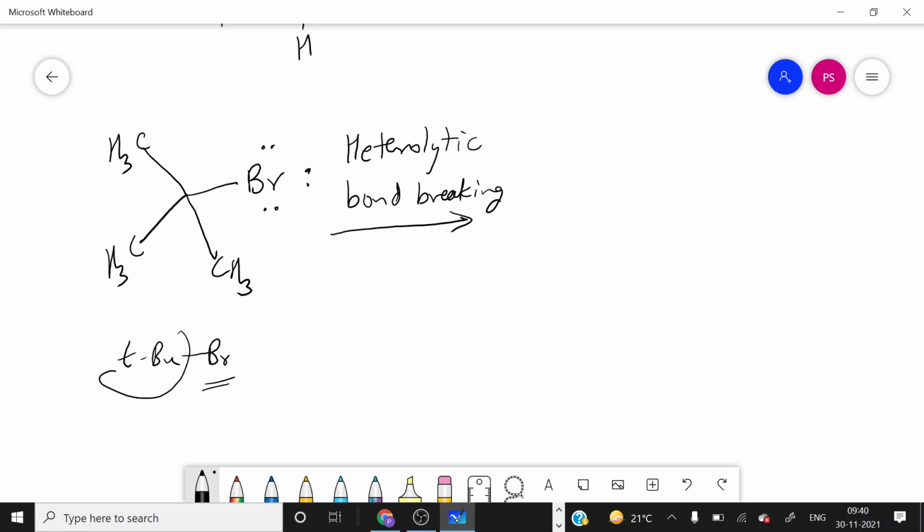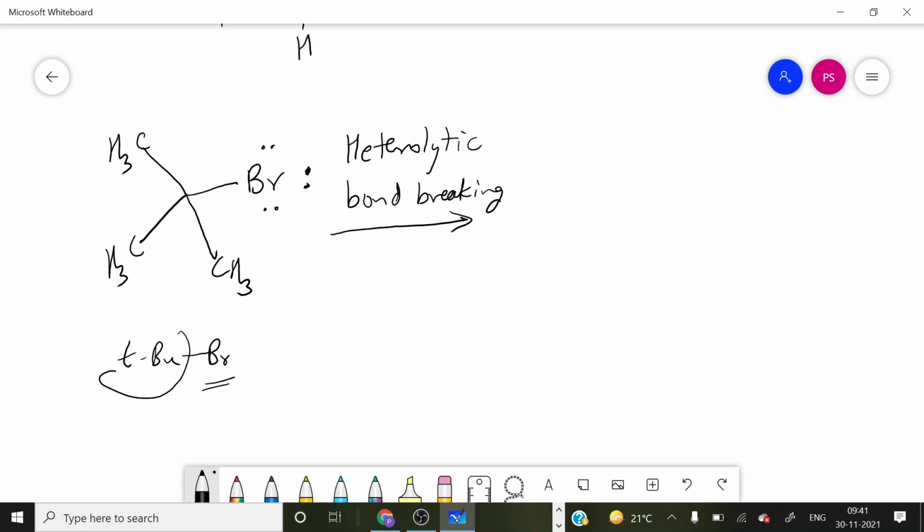Now what is electronegativity? It is the ability of an atom or element to attract the bonded electrons toward itself. So this tendency is more, that is, electronegativity is more in bromine.